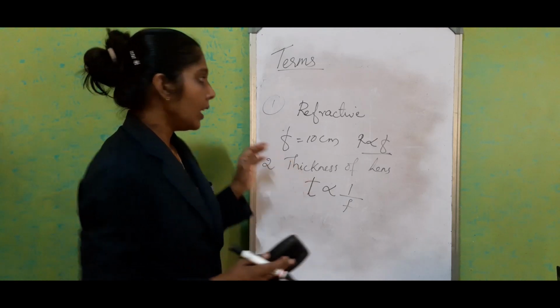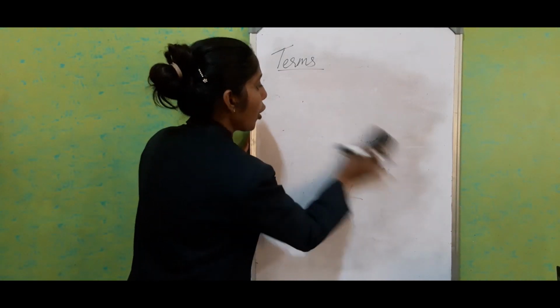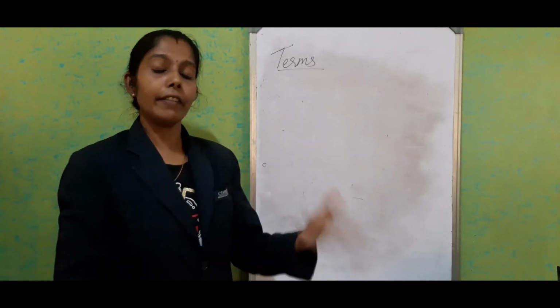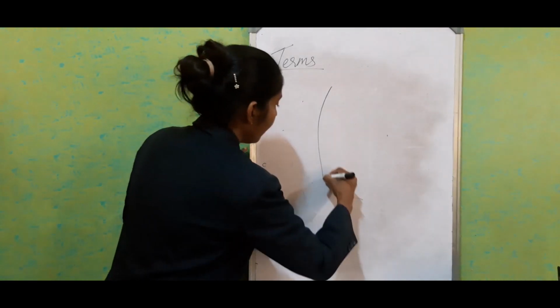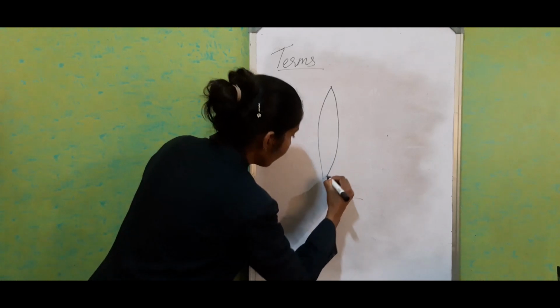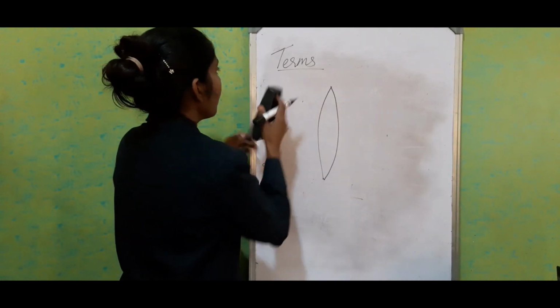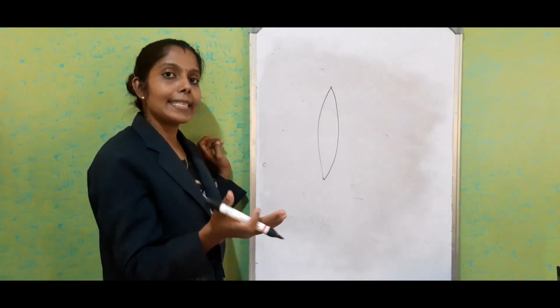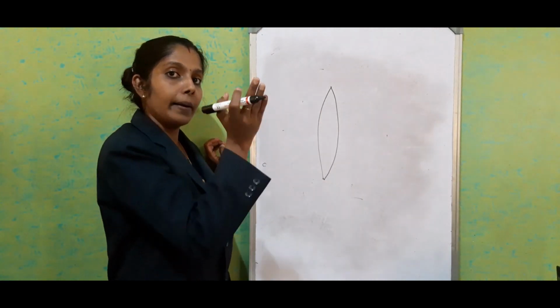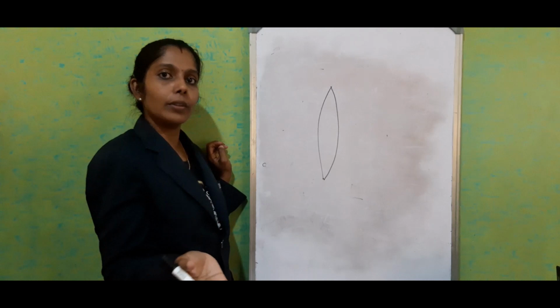And another way, when we are drawing a figure, how can we represent the refraction? Okay, I'll show that. If this is a convex lens, we know that we have two surfaces here, right? The prism, glass slab, we used to show what happens on the first surface, what happens on the second surface.